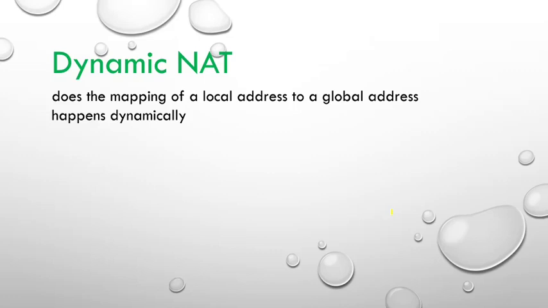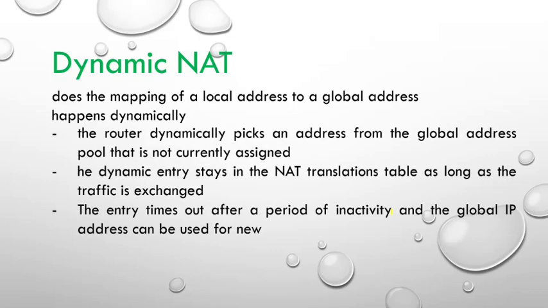So, random. No? Whatever the available public IP can be used by a specific computer when it is configured dynamic in its network address translation through the router. So the router dynamically picks an address from the global addresses pool or address pool that is not currently assigned. So it doesn't pick an assigned IP address or a public address. No?